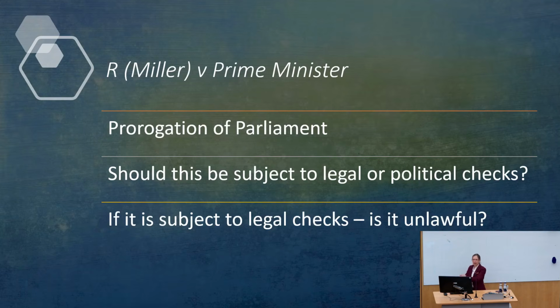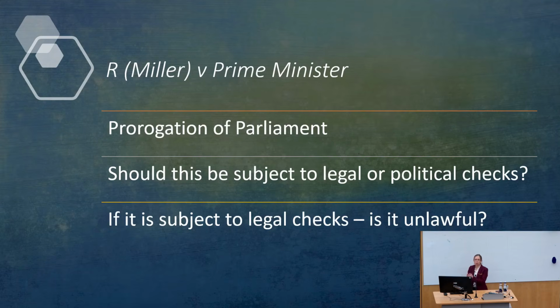When you get to the end of the session, you prorogue Parliament. So it's a way of breaking up the sessions. When Parliament is prorogued, MPs aren't there. So they're on holiday. Parliament's suspended, they're not in Parliament, they're not holding the government to account, there are no committees having meetings to hold the government to account, and there's no legislation being enacted.